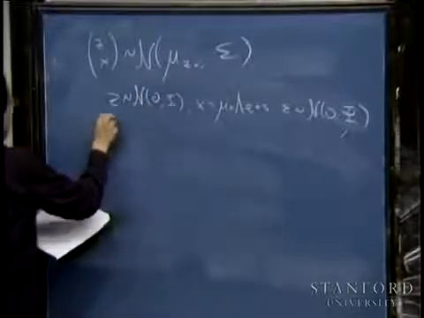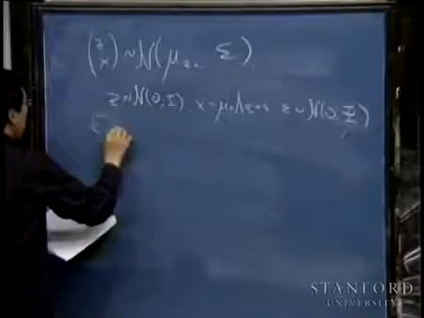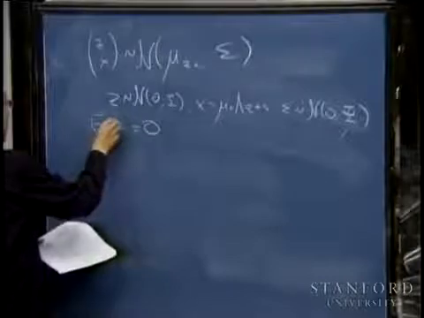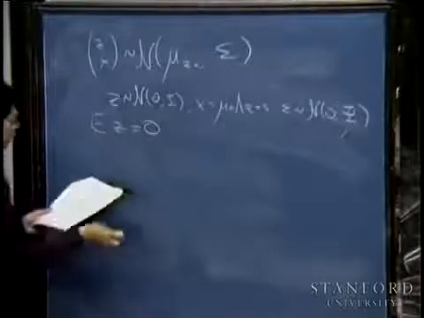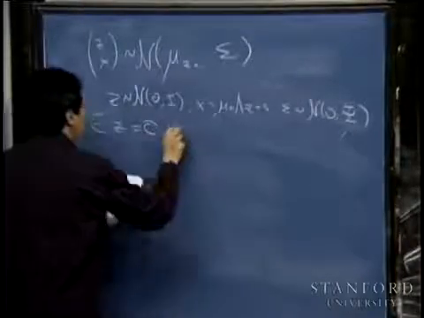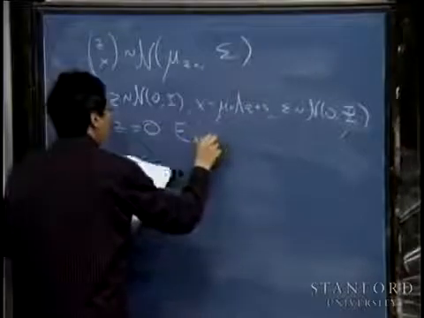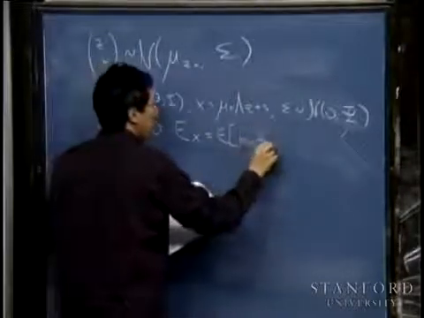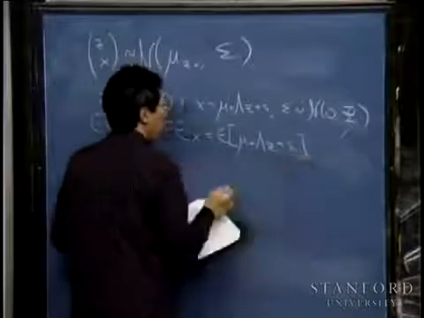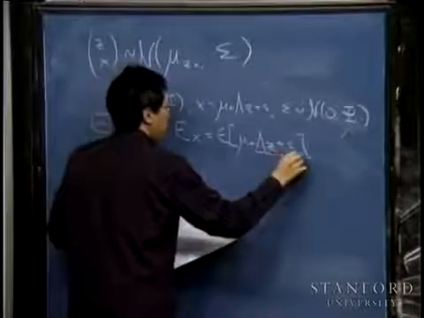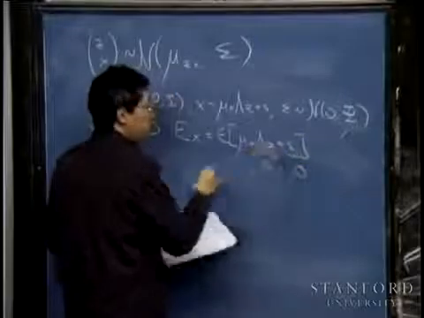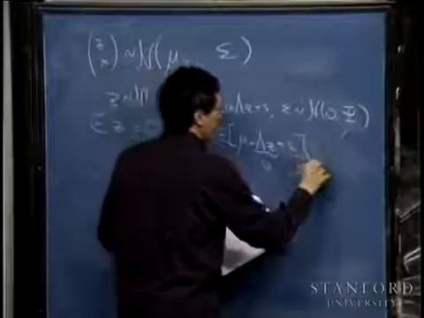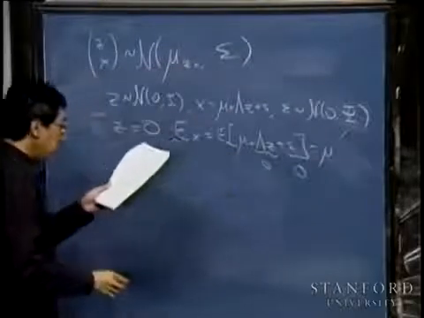Let's first figure out what this vector mu zx is. The expected value of z is 0. And the expected value of x is the expected value of mu plus lambda z plus epsilon. These two terms have 0 expectation, so the expected value of x is just mu.